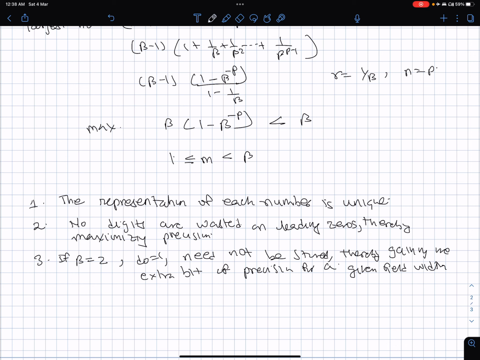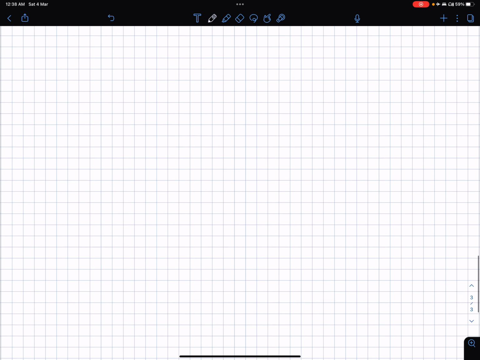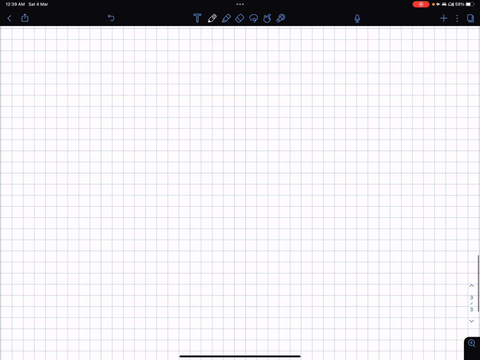So with normalization, the leading bit should always be set to 1 if it is a binary representation, non-zero in general, and now we have seen what the range of the number is. Now let's come to some more properties of the floating point system. So let's explore additional properties of the floating point system.